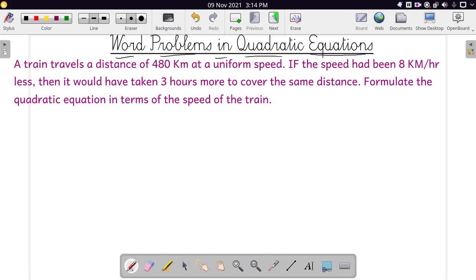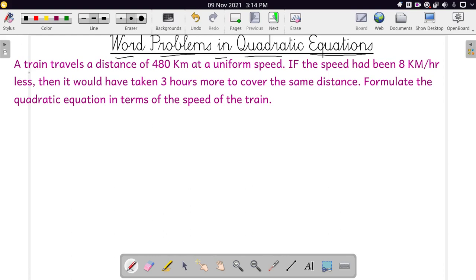Then we need to apply the condition that is given in the question and construct a quadratic equation, and then just solve the quadratic equation using the factorization method. We do not use completing the square or Siddharacharya over here, because splitting the middle term would do, as the equations are fairly simple. All we need to do is understand the question and formulate the quadratic equation. That is all that is required.